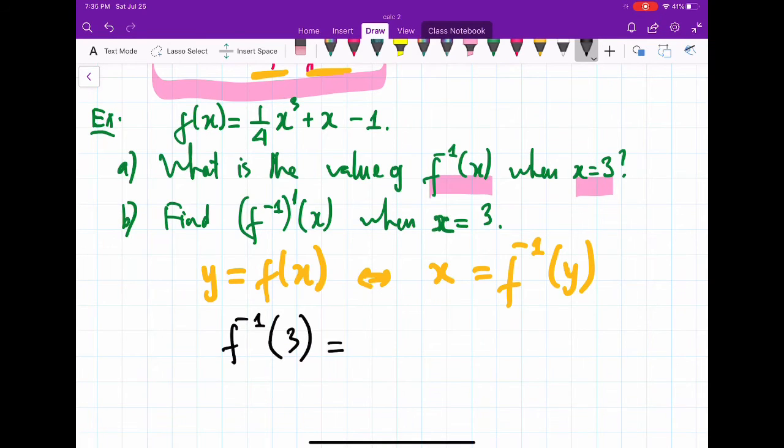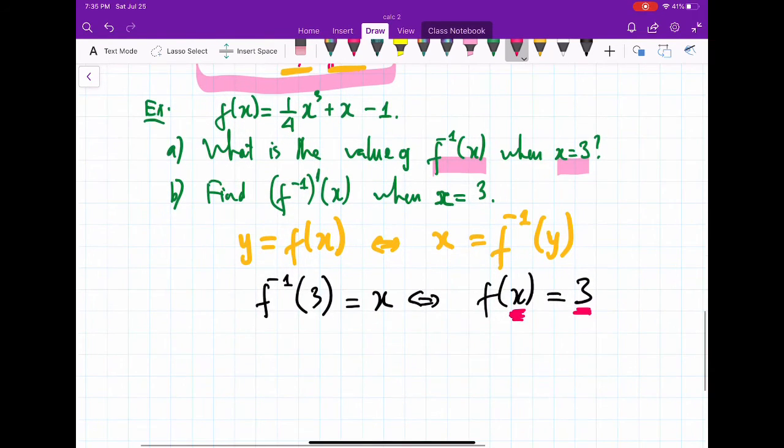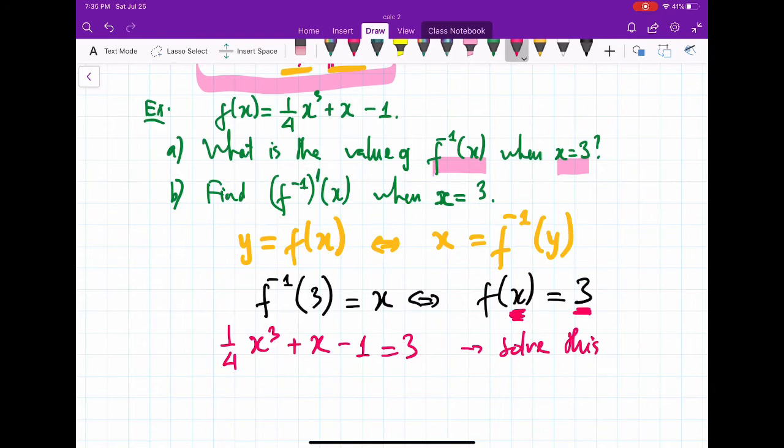Let's say that is x, right? So that means f of x equal to 3. That means you have to find the x such that the function value at x is equal to 3. That's it. So I need to put the function f of x, that is 1/4 x cubed plus x minus 1, equal to 3. And I need to solve this equation for x.